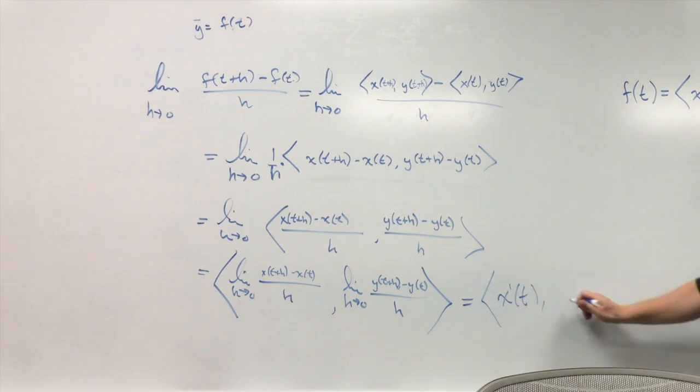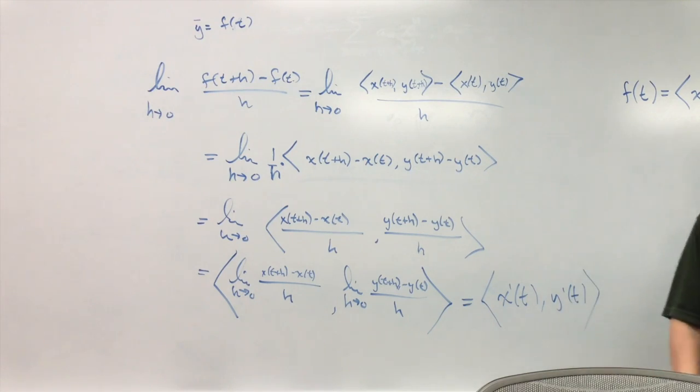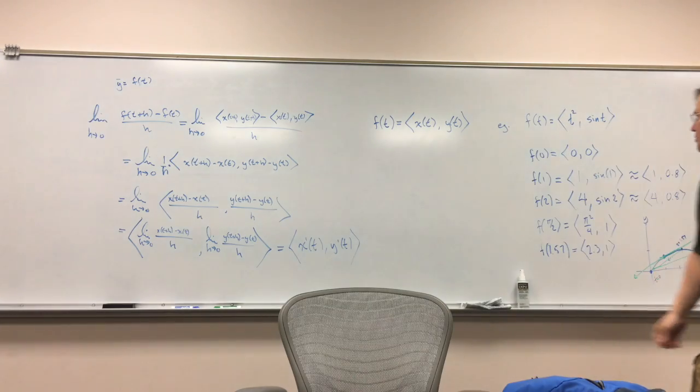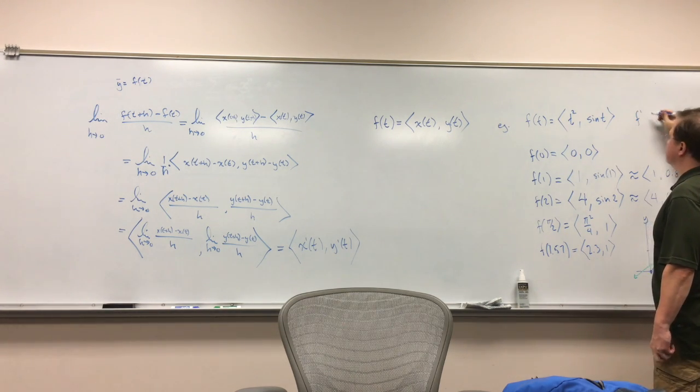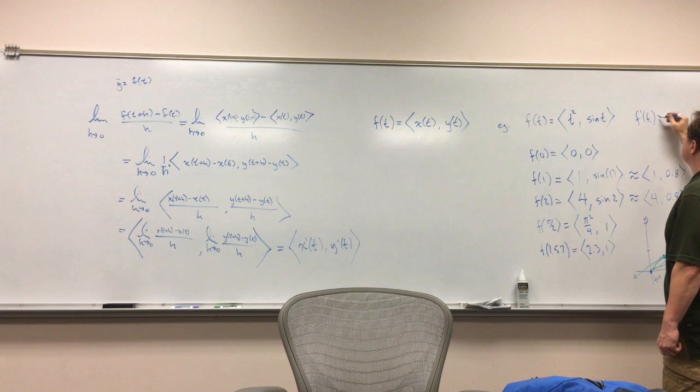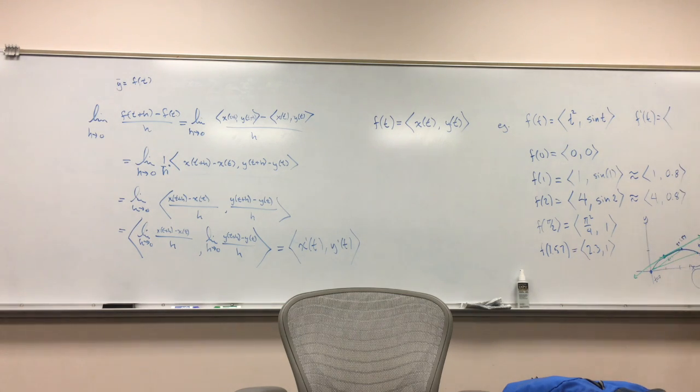And the second coordinate is that. Right? Which means that finding derivatives of these vector valued functions is actually pretty easy. All you need to know is what's the derivative of t squared? 2t. And the derivative of sine?